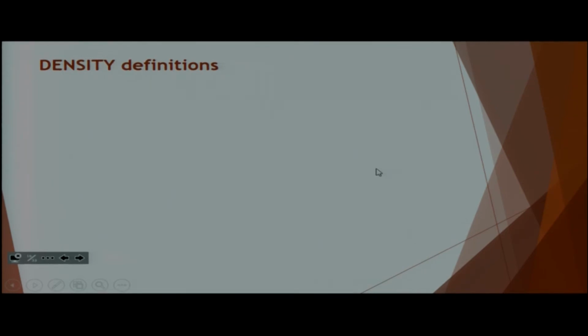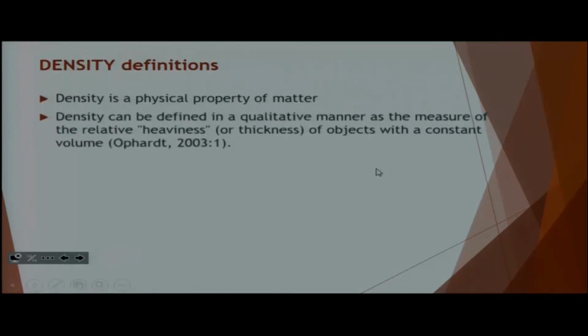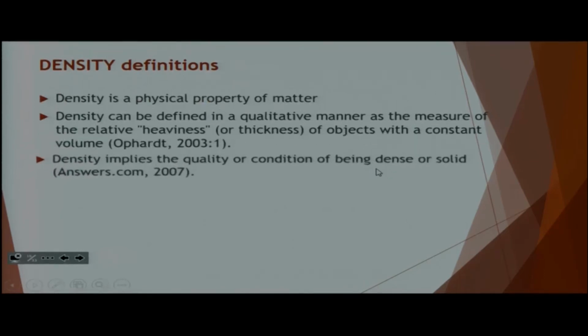Right. Another key definition that we need to understand is density. Density is a physical property of matter. It can be defined in a qualitative manner as a measure of the relative heaviness or thickness of an object with a constant volume.